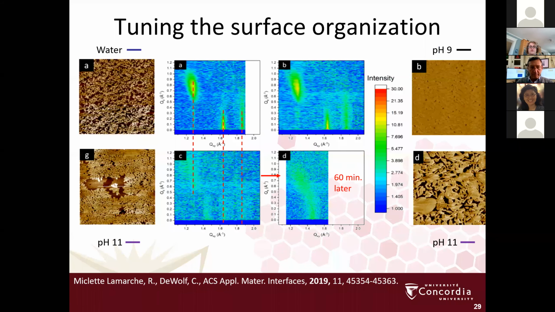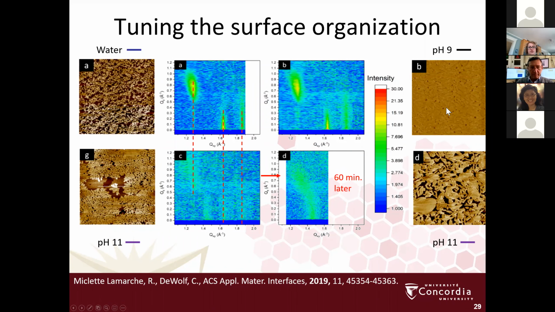So if we turn to the diffraction, again, let's go back to the water phase here. Again, we have that same diffraction pattern, including the head group peaks. And that persists at pH 9.